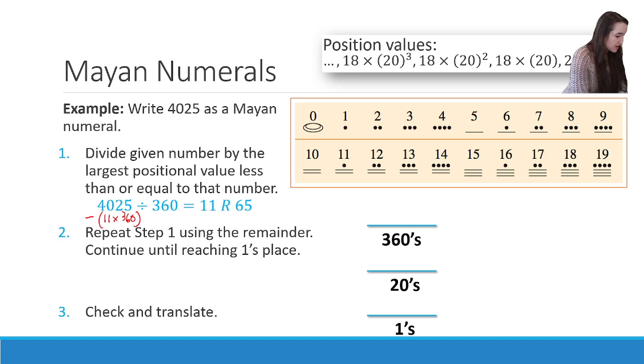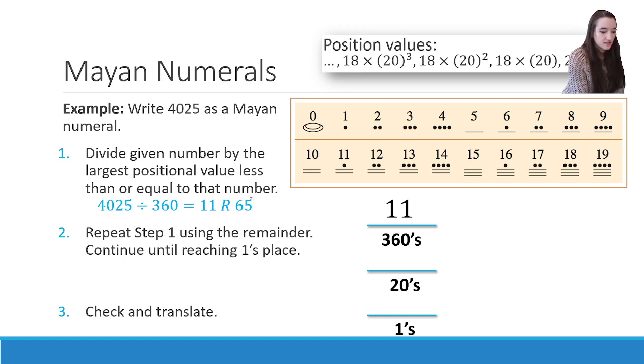So 11 times 360 is 3,960. So we're subtracting 3,960 from 4,025, and we get 65 out of it. So 4,025 minus 3,960 equals 65. And now we move on to the next step, after we place our 11 in its designated 360s position.